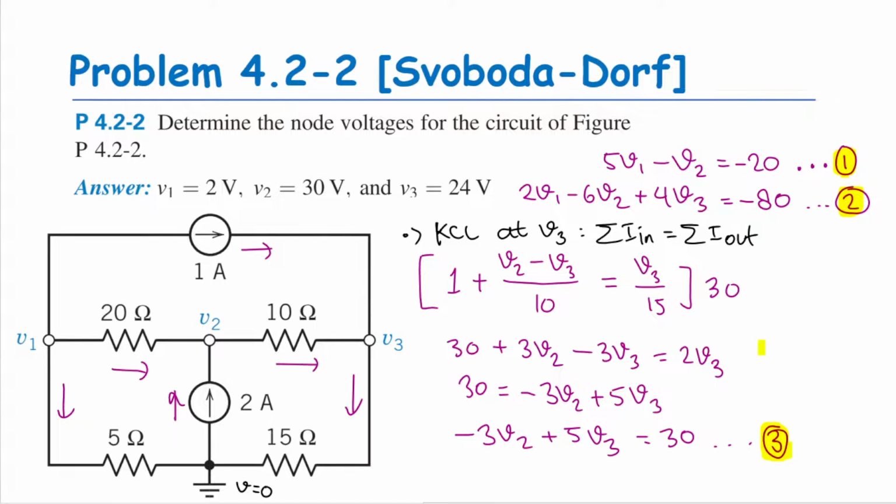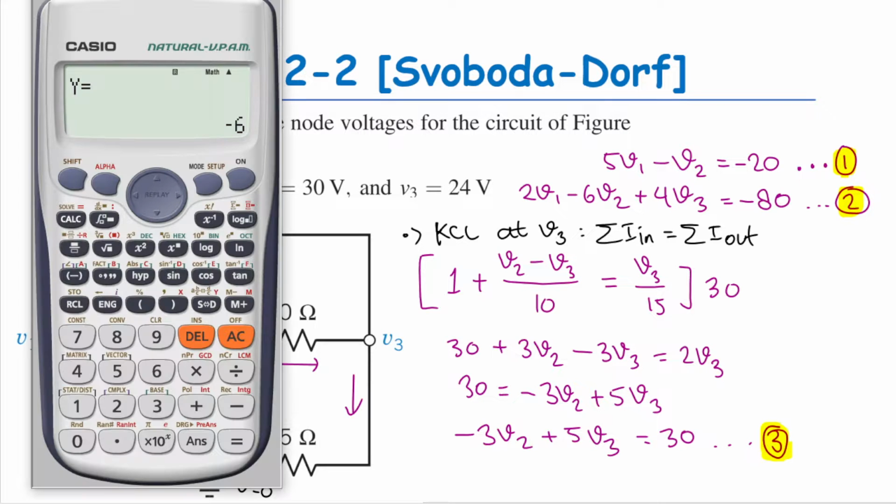The easiest way to solve this is using a calculator. Okay, let's do that. Set it up as equation solver, which is number 5, 3 variables is number 2. And then let's plug in the coefficients. We will have 5 and minus 1. But remember, the coefficient of V3 in this equation is 0. So we'll have 0, and then the result will be minus 20.